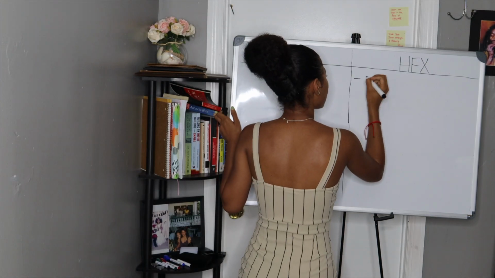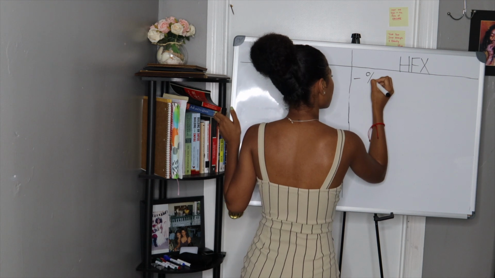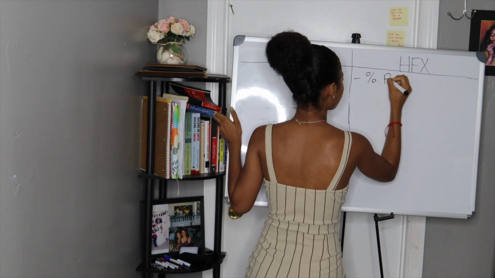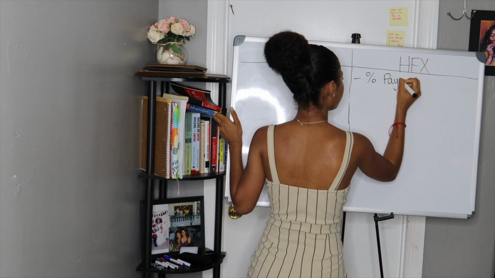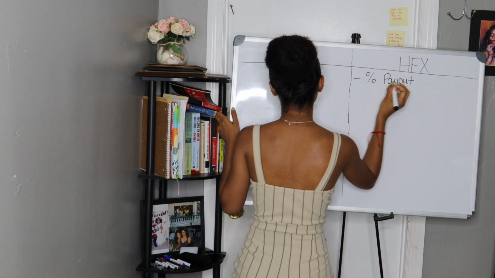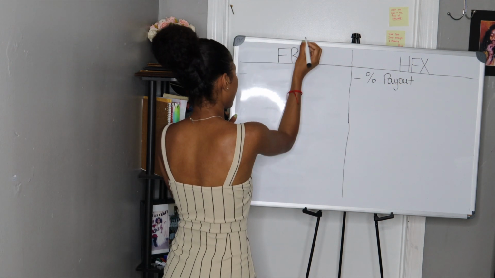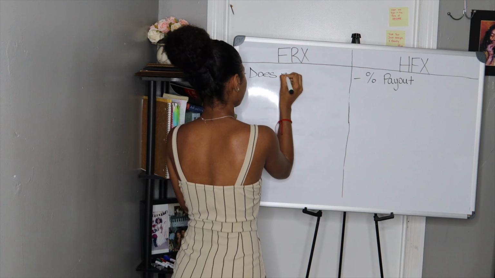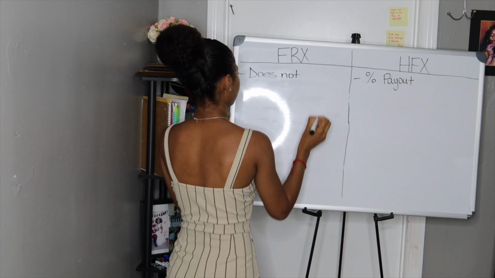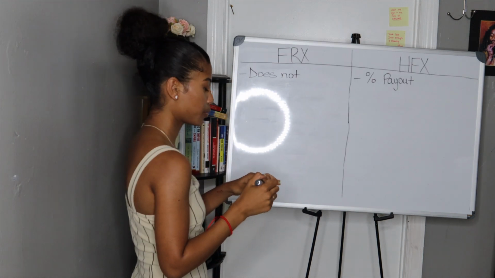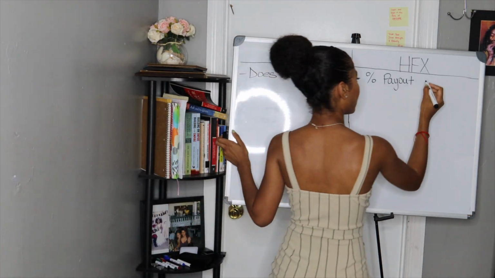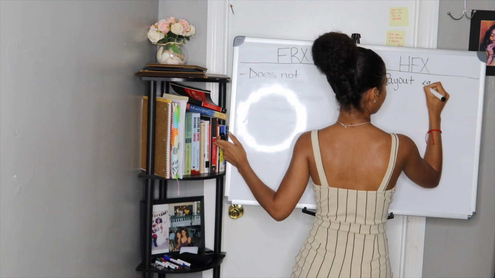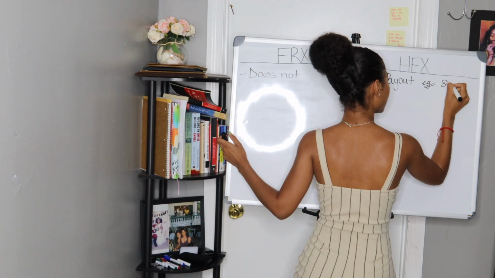HFX has something that's called percentage payouts. FRX does not. Okay, now a percentage payout, it could look something like this. 80%.